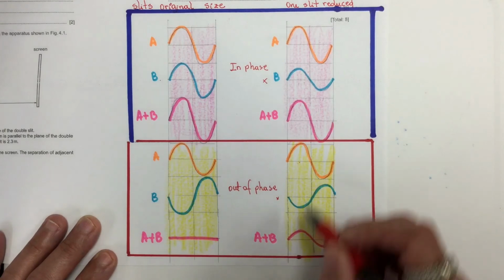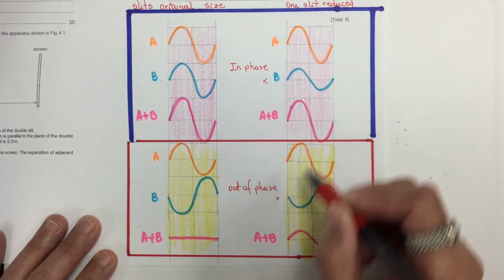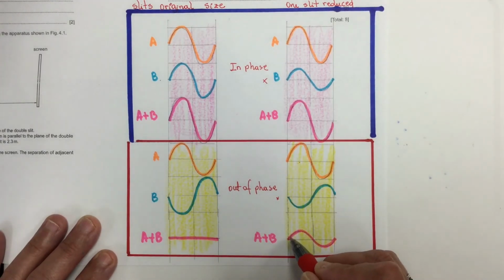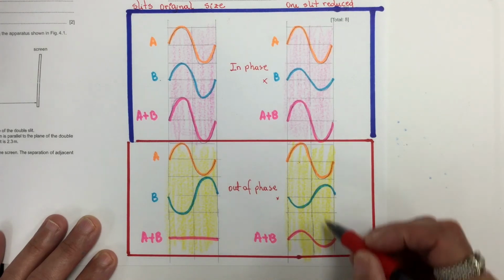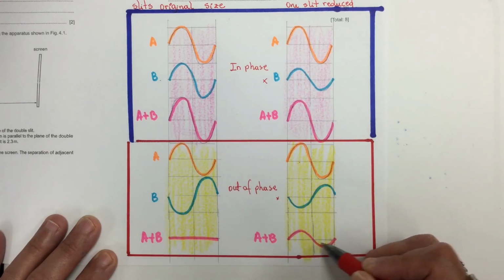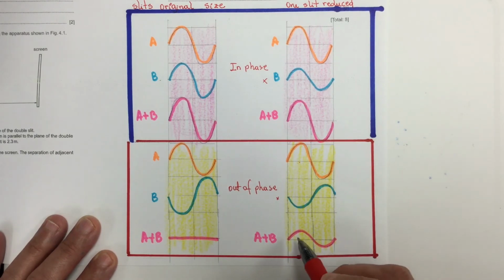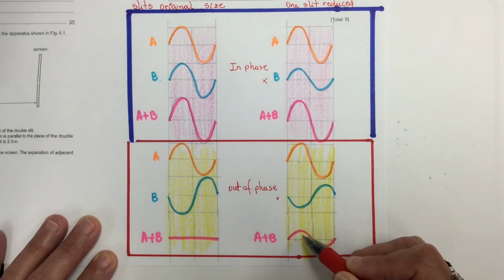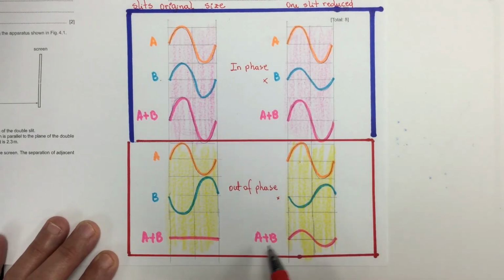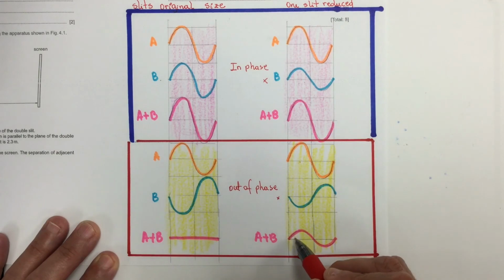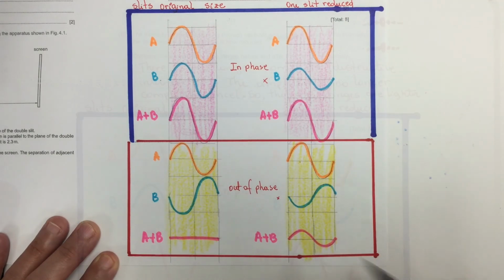So the result will be positive because this one is greater than this, so it will be a positive vertical displacement, and this will be a negative vertical displacement. So you'll have a wave with reduced amplitude, contrary to this one here that will be completely destructive. This is not going to be completely destructive.